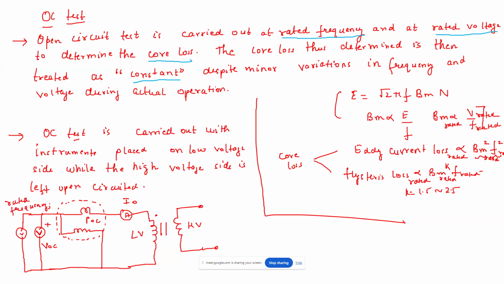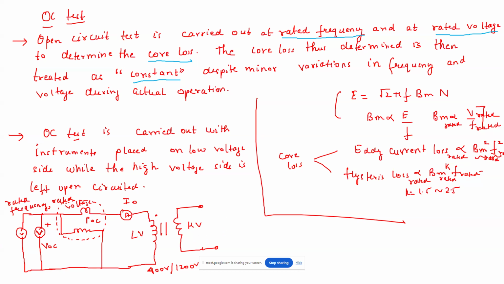So we give the low voltage rating. Suppose this transformer is rated 400 volt to 1200 volt. On the low voltage side, the rating is 400 volt, so you give 400 volt on the low voltage side while keeping the high voltage winding open.